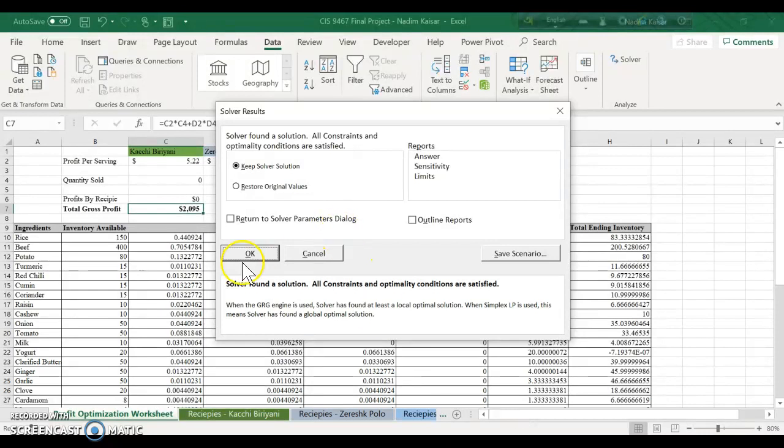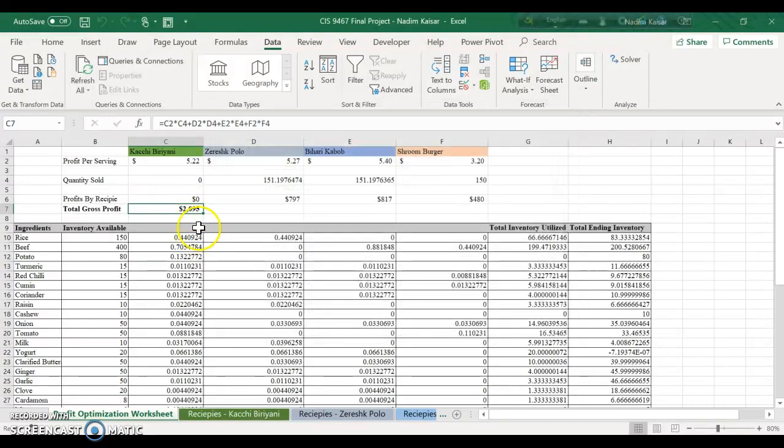Okay, now I see that my gross profit has gone a lot higher, $2,095. You see that the amount of kachi biryani that I can sell is actually 0, because what Solver is doing is taking the other recipes into consideration, as there are more ingredients available for preparing those dishes, and that can produce the maximum revenue for the restaurant.